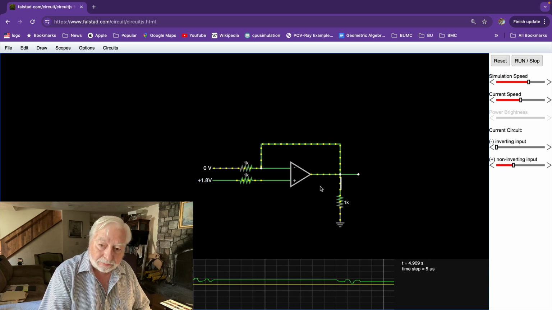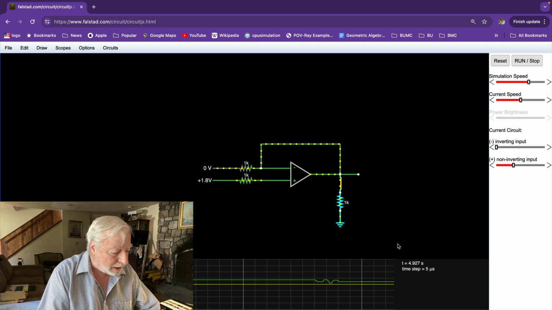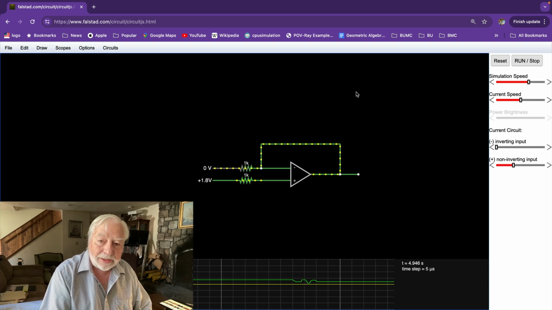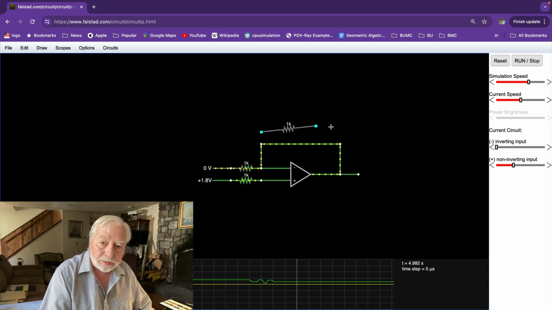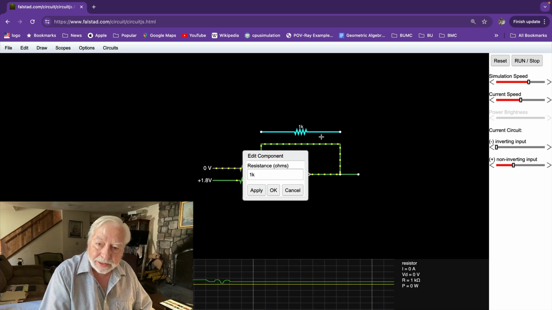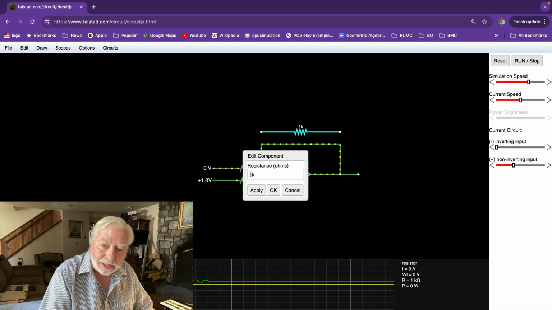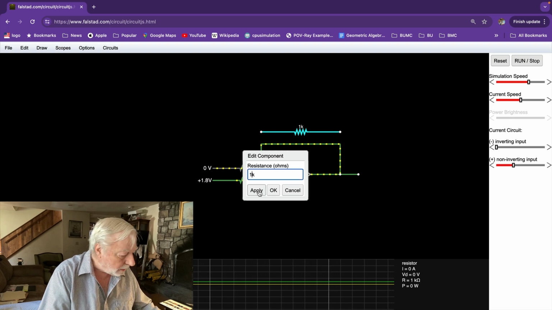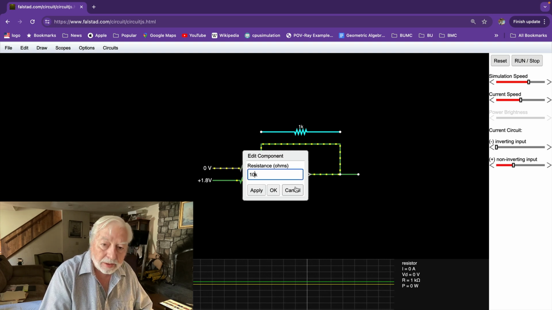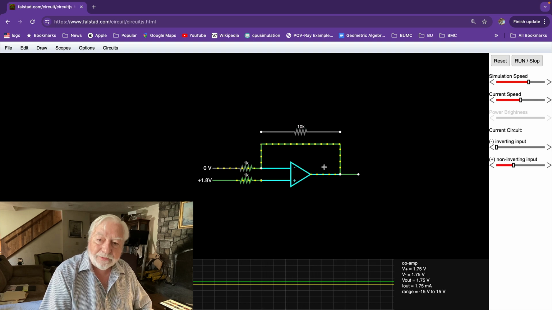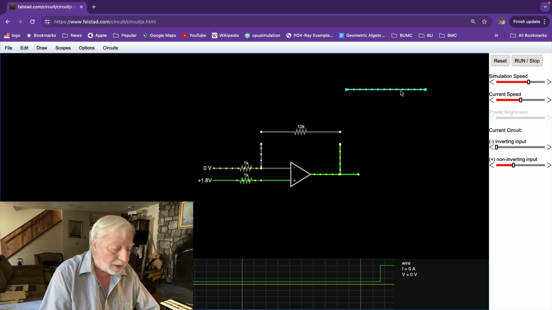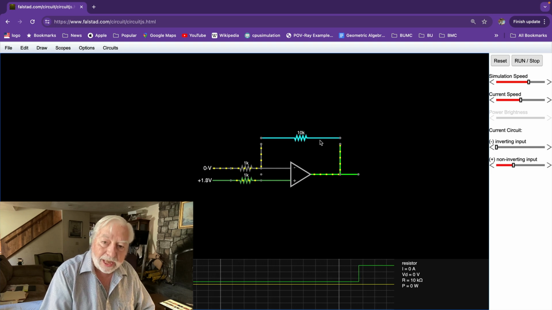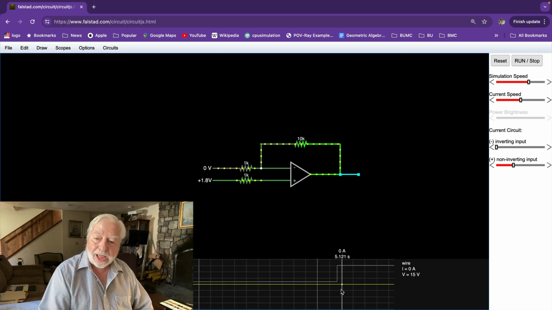Now, let's erase these components and create a resistor. Right-click, edit, and make it 10K. If I replace this feedback line with this 10K resistor, look what happened to the output.